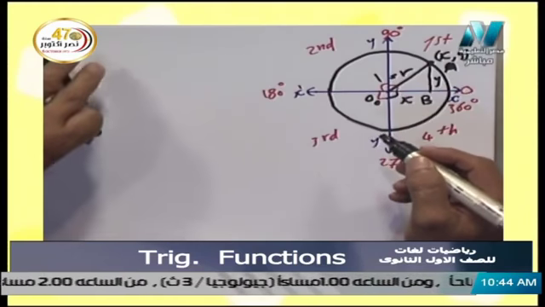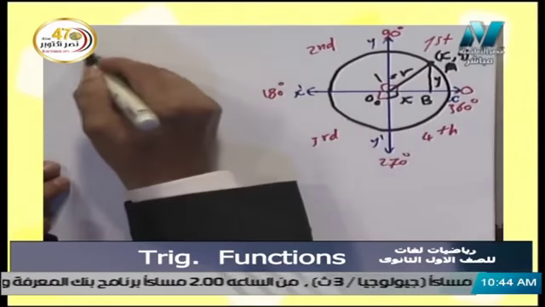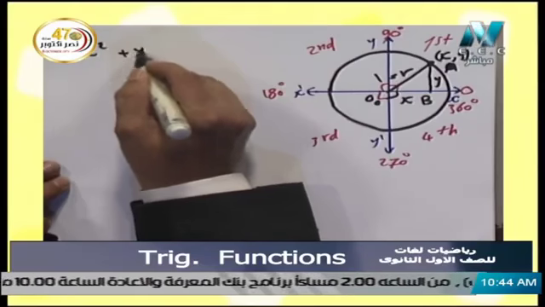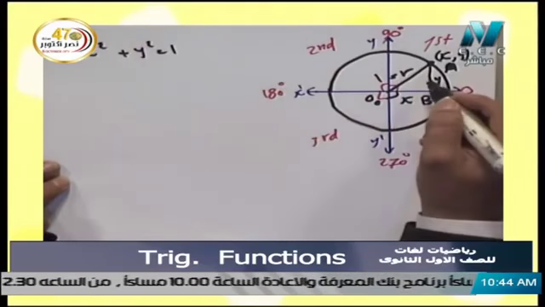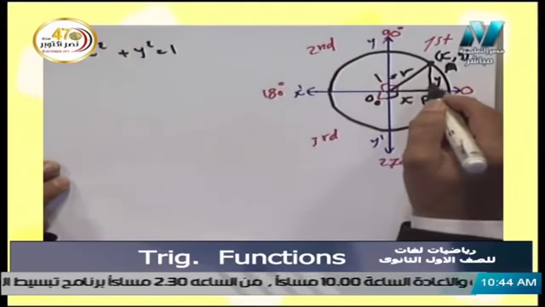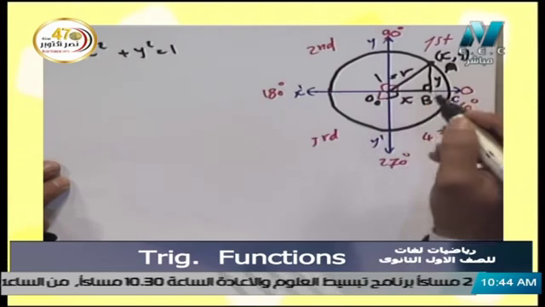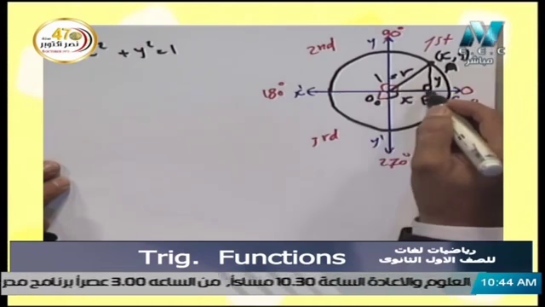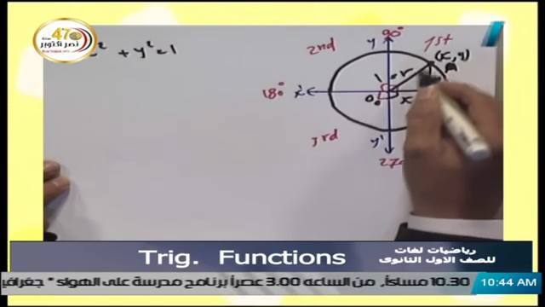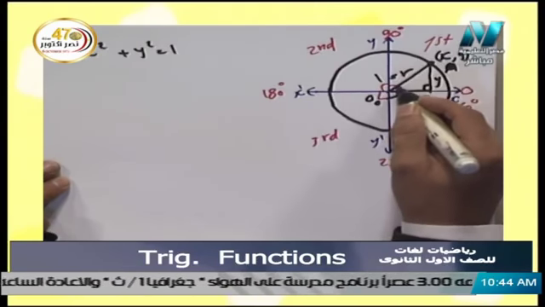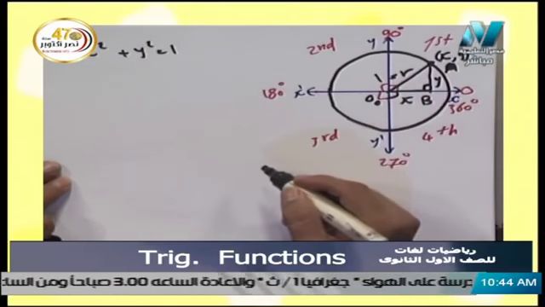So as we know, x power 2 plus y power 2 equals 1 from Pythagoras theorem, because this side power 2 plus this side power 2 equals the hypotenuse power 2. Hypotenuse here is 1, so 1 power 2 equals 1.